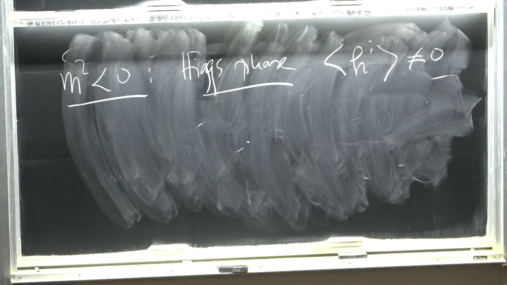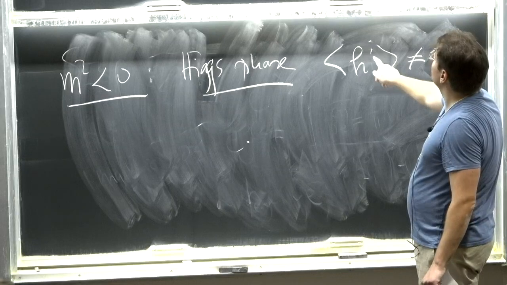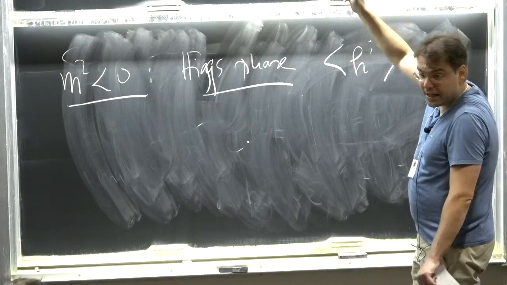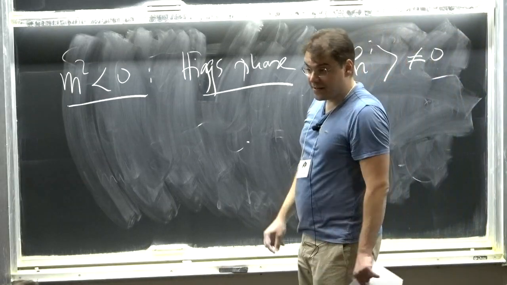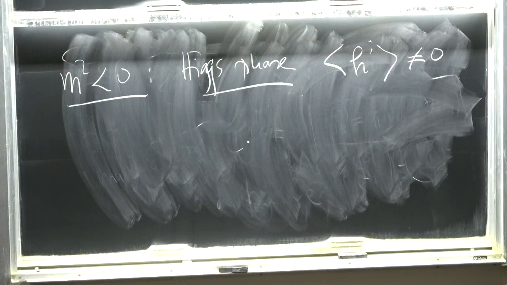And now we have to understand what this means. The fact that H gets a VEV definitely means that some components of H will be eaten by the gauge field, which will become massive. But this anomaly tells you that for sure, no matter what happens, we cannot end up with the trivial theory. And that's despite the fact that we have a model where the electric charge is 1.